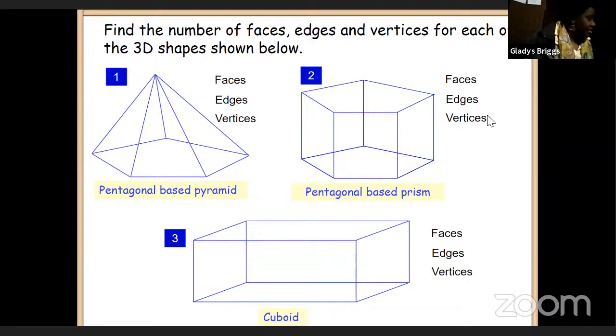Good, 6 faces. Well done. Keep it going. Okay.